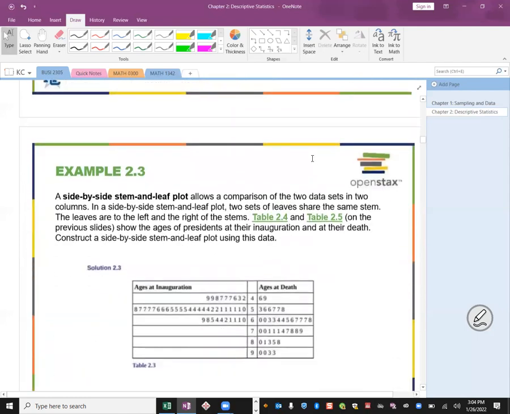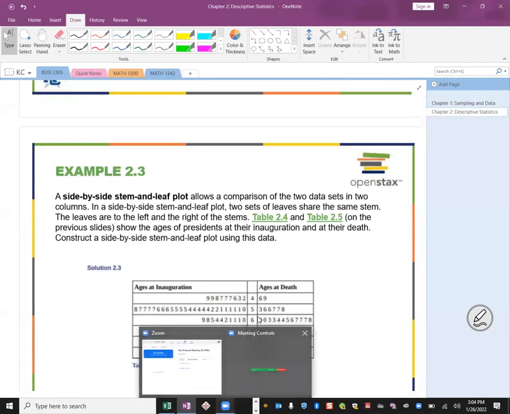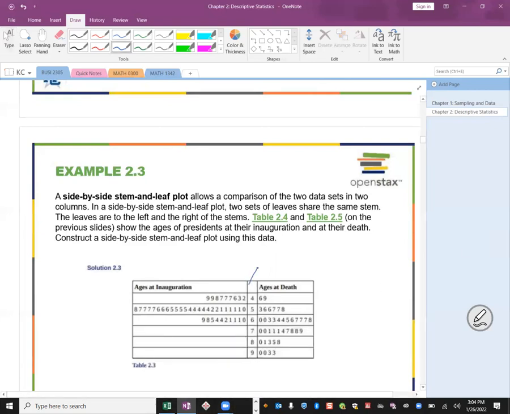We can look at a side-by-side stem and leaf plot where we can compare those two sets of data. We have our stem right here in the middle, and then two sets of leaves: the leaves for the ages at inauguration and the leaves for ages at death. This allows us to compare when they're coming into office and when they are passing away, all in one table.